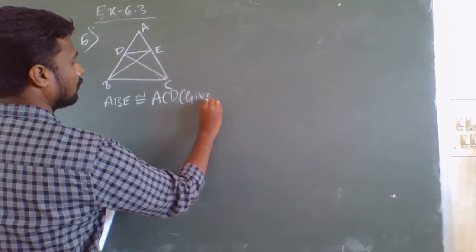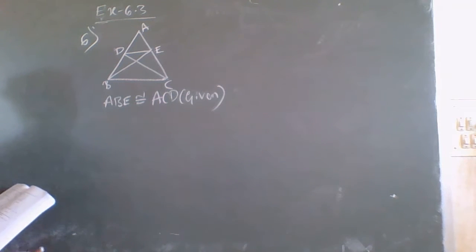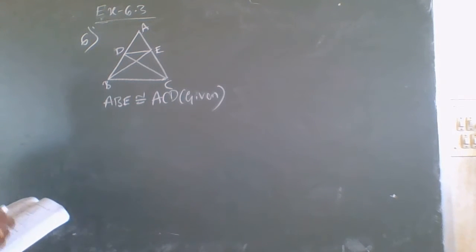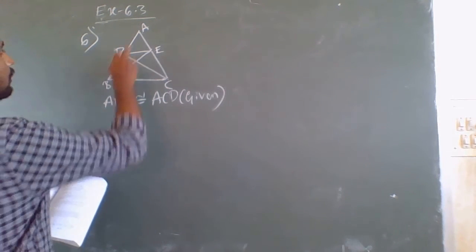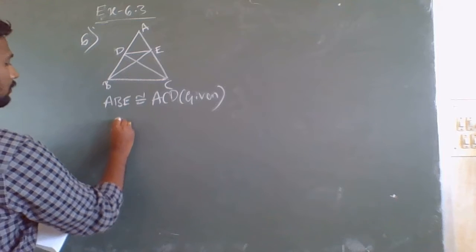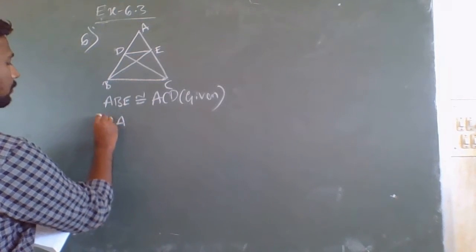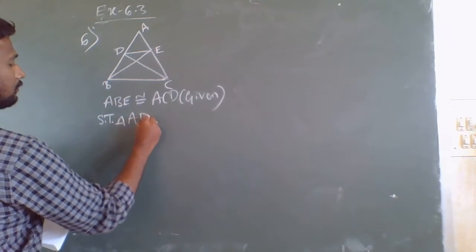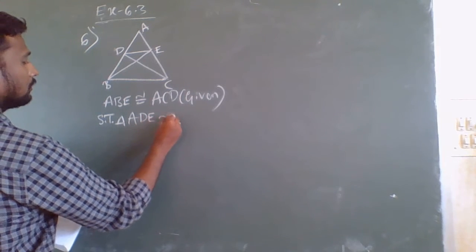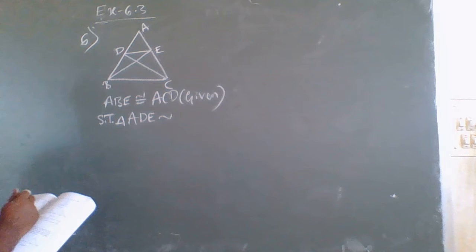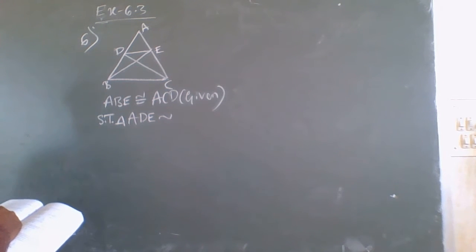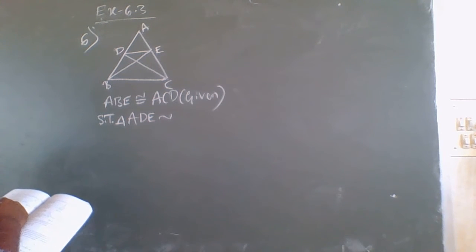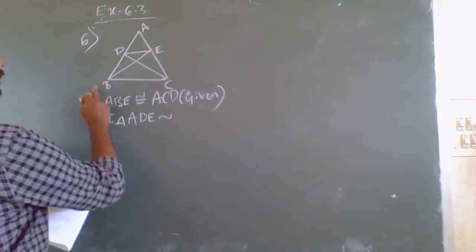Show that triangle ADE is similar to triangle ABC. We have to show that triangle ADE is similar to triangle ABC.